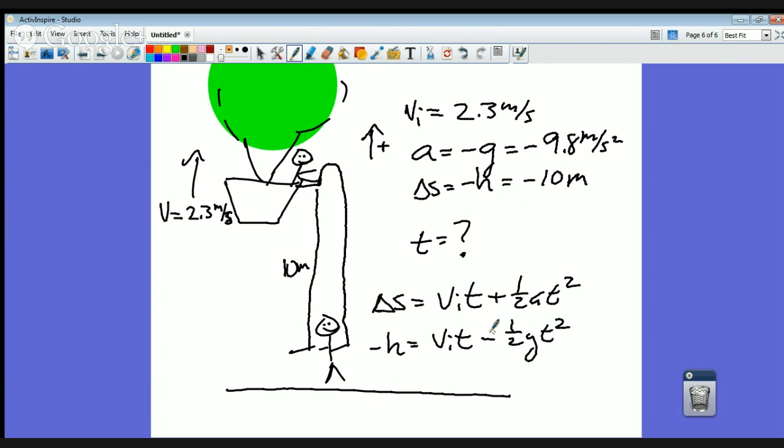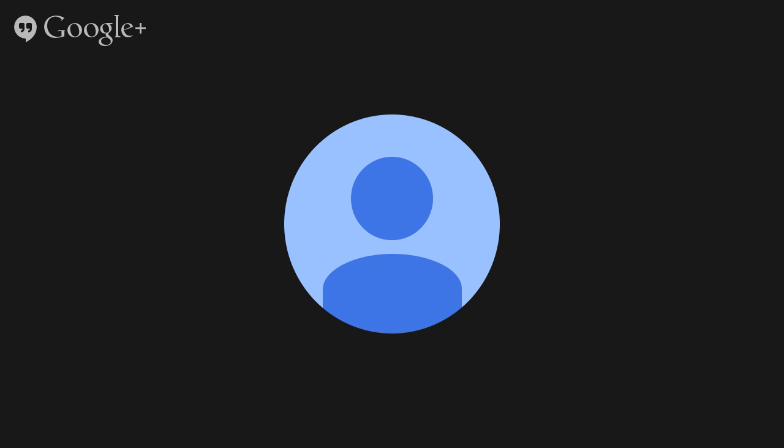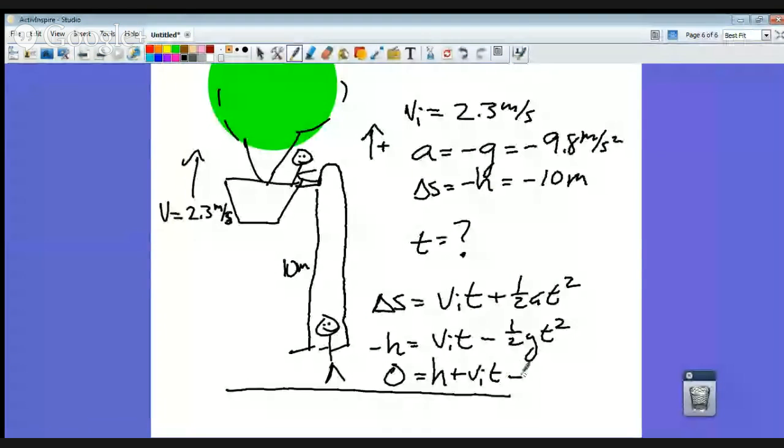So we know all these things except for t, and it's a quadratic. You can Google it and see how to do it pretty easily. You just plug in your numbers and solve for t, either using the quadratic formula or letting your calculator do it for you, and then you'll find out how long it was in the air.